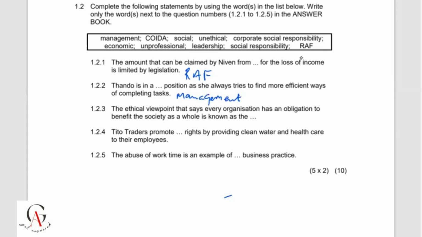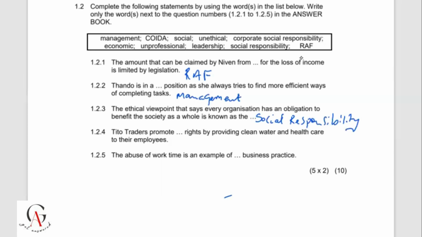Okay, right. So now let's check 1.2.3. The ethical viewpoint that says every organization has an obligation to benefit the society as a whole is known as dash. That is going to be social responsibility. Okay, right. So now let's check 1.2.4.